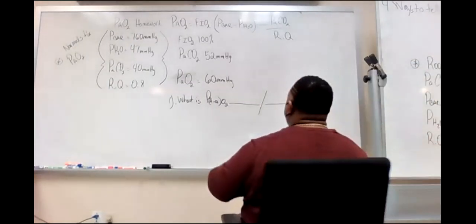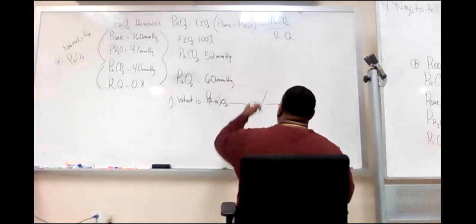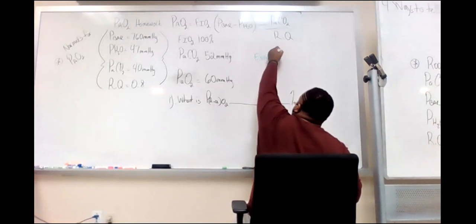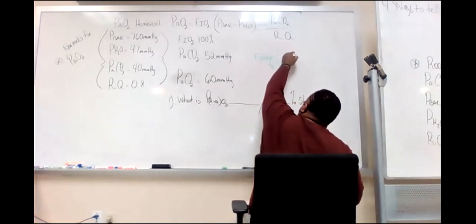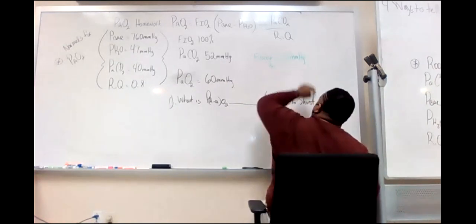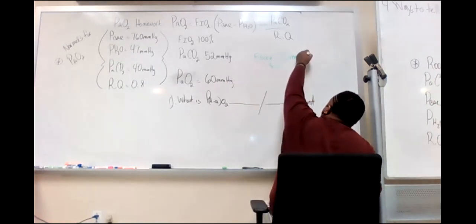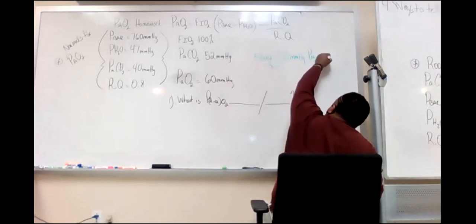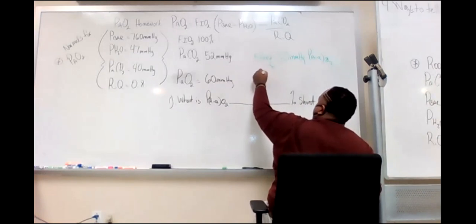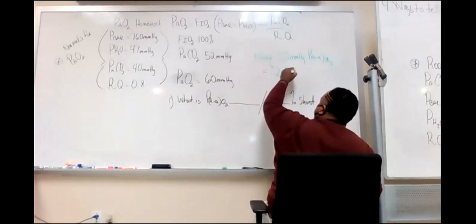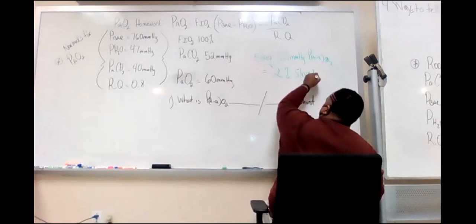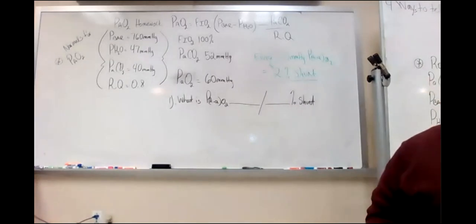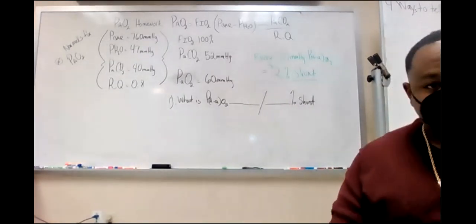So I'll write that down so you can see it. Every 50 millimeters of mercury difference in the P big A little a O2 equals a 2% shunt. Can y'all see that?